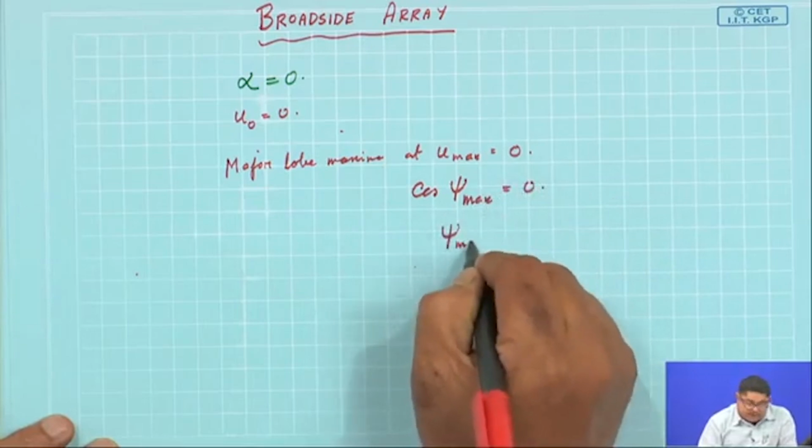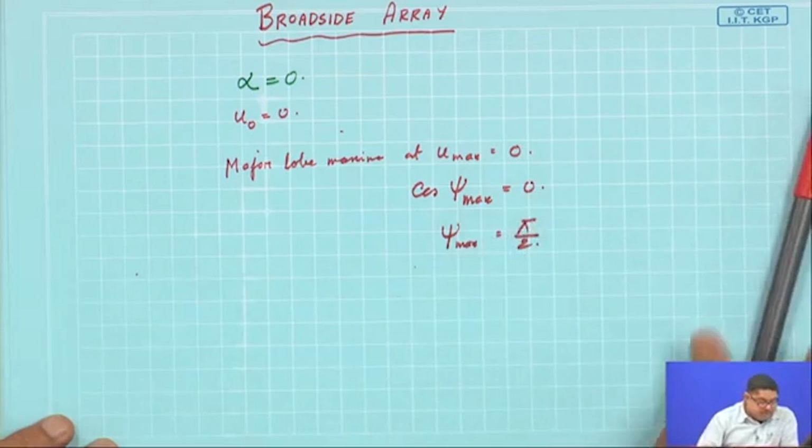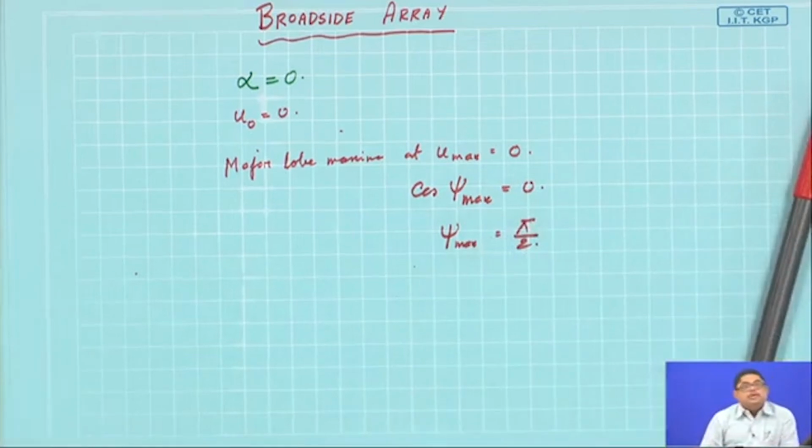So, psi max is pi by 2. So, it is proved that the maximum radiation occurs broadside to the array axis. Physically also this is expected, as all elements fed in phase should be producing maximum radiation along the broadside.